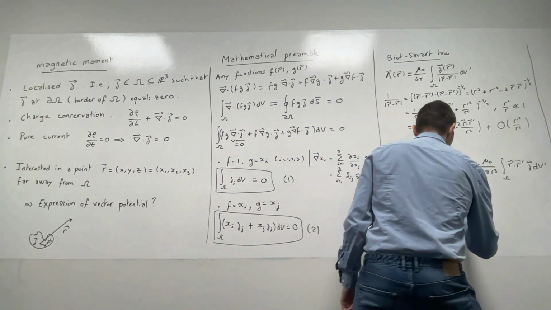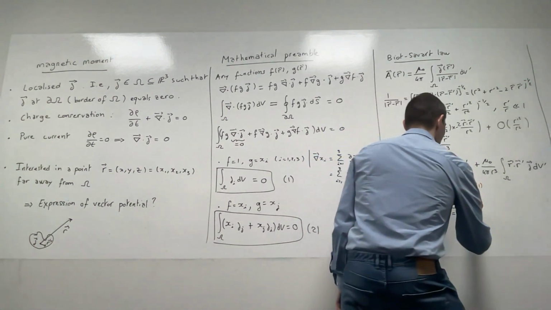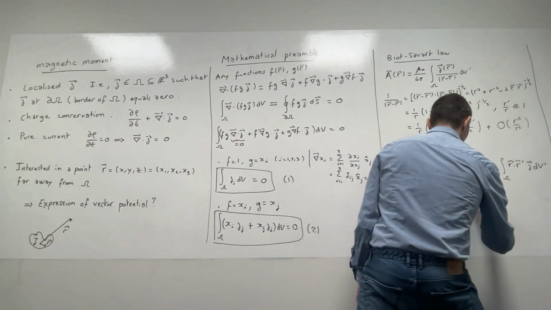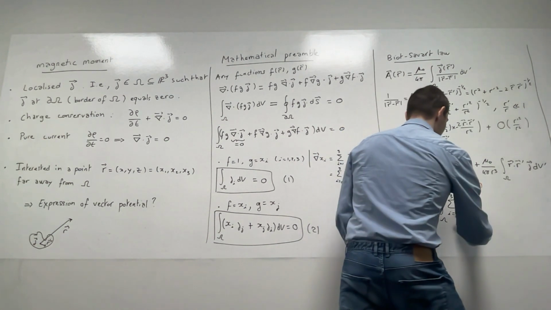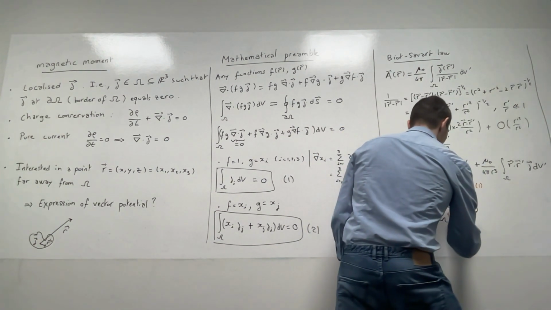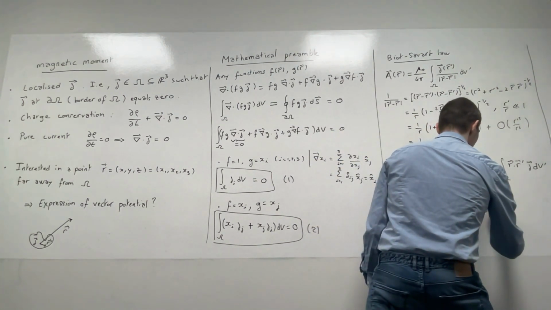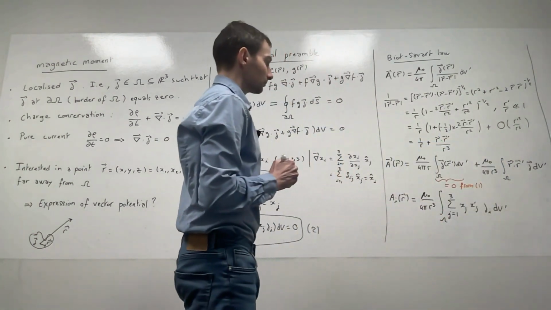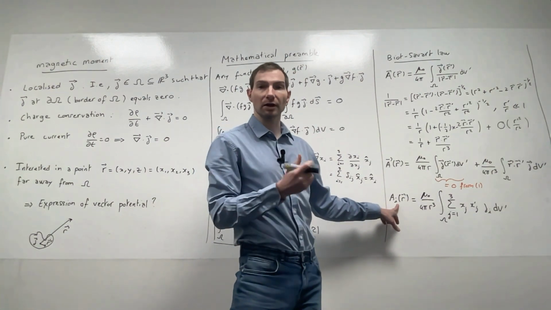So that's the sum, j ranging from 1 to 3, and then we've got x_j, x prime j, that's j here, and then we've got j_i, and then dv prime. Okay, so that's the expression we have for the ith component of a.